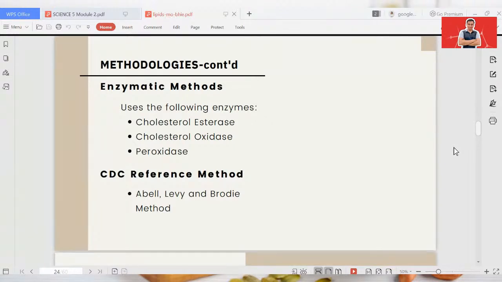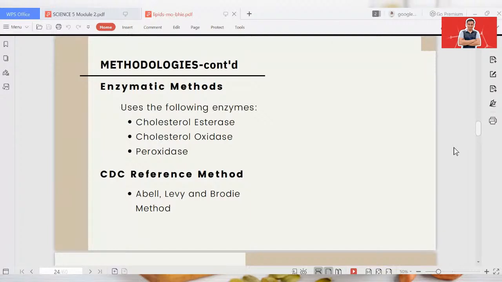oxidase, and peroxidase. In the enzymatic method, the first step is the hydrolysis of the cholesterol ester by cholesterol esterase, where cholesterol ester is converted into cholesterol and fatty acid.